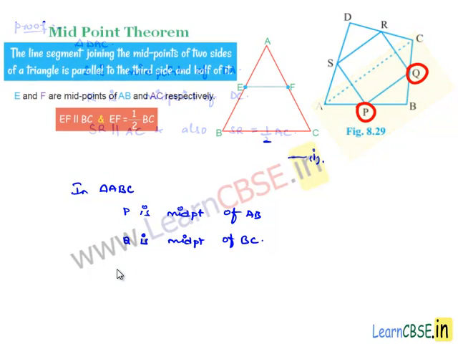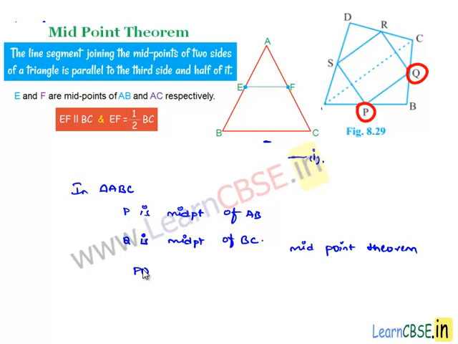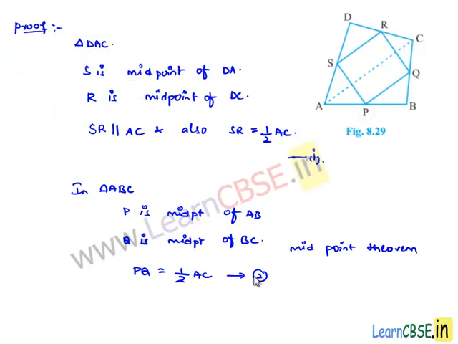Then from midpoint theorem we can say that PQ is equal to half times AC. Let it be as second equation. From proof 1 and equation 2 we can say as SR is equal to half AC and PQ is equal to half AC, SR is equal to PQ. This is what our second proof required.